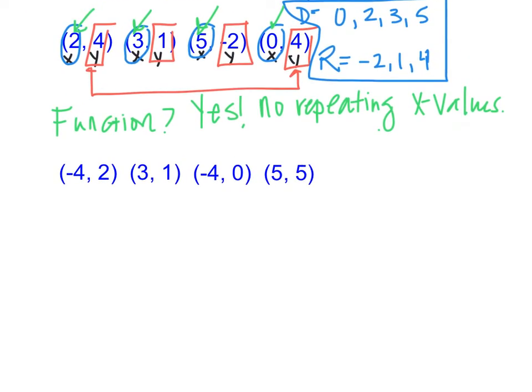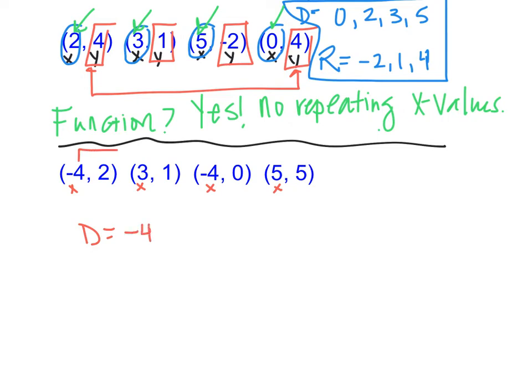Find the domain and range of this next relation. Like before, you have your x's and your y's, so your x's are your input values. That's all part of your domain. So we have a -4, a 3, a -4, and a 5. The smallest number is -4. I can see that we had 2 of them. We're only going to write it once.